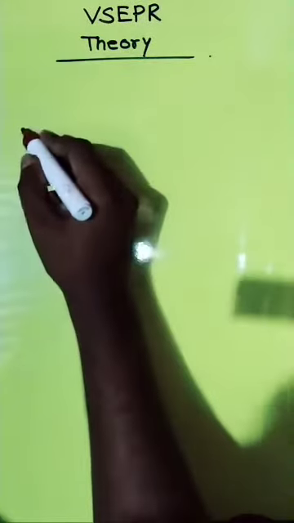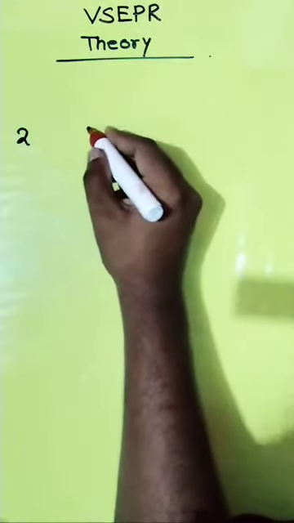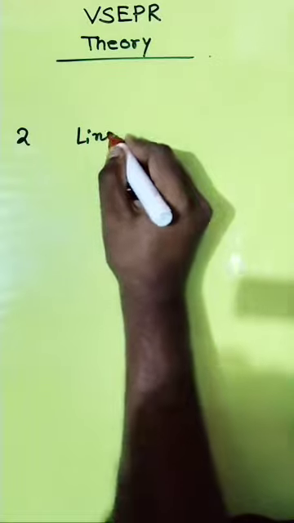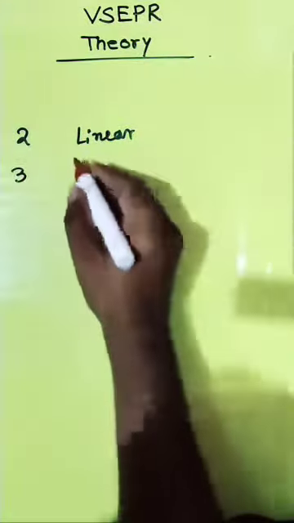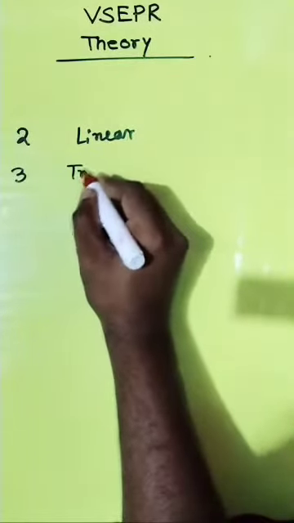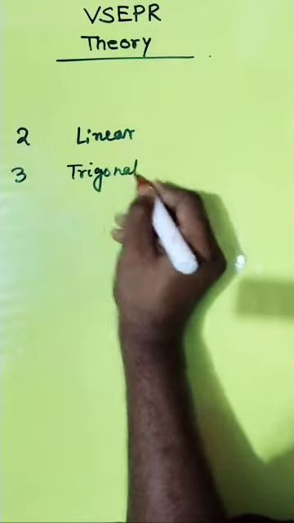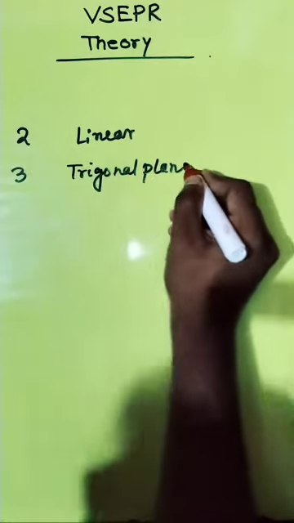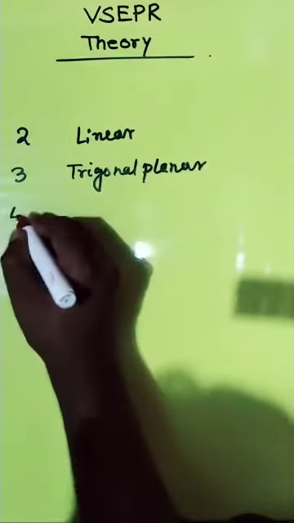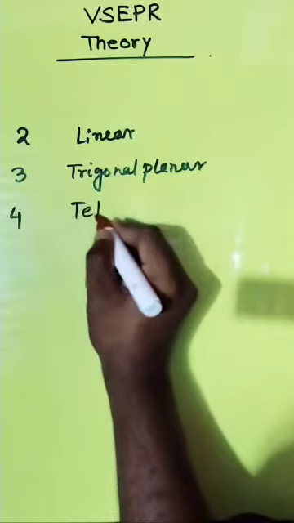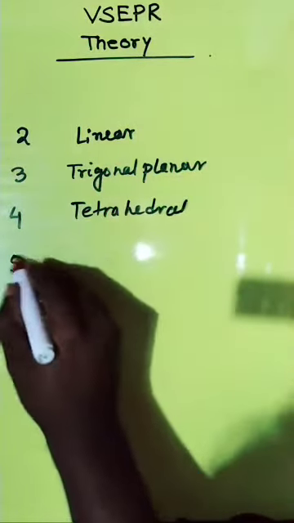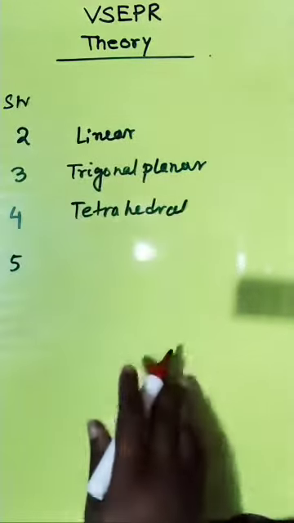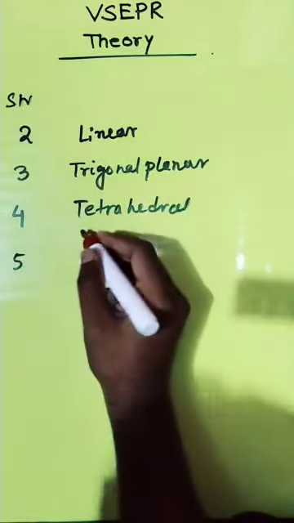on the steric number. If steric number equals 2, the structure is linear. If steric number equals 3, then it is trigonal planar. If steric number equals 4, it is tetrahedral. Similarly, if steric number equals 5, then it is trigonal bipyramid.